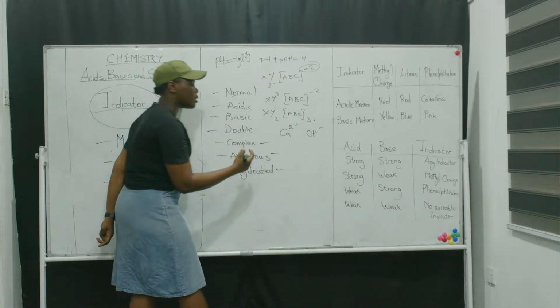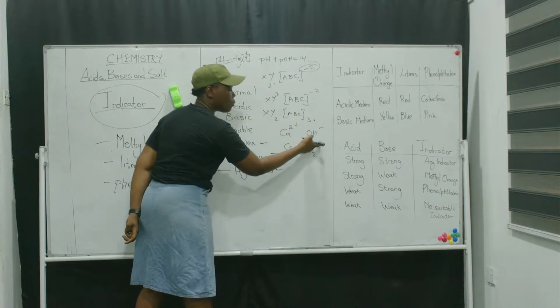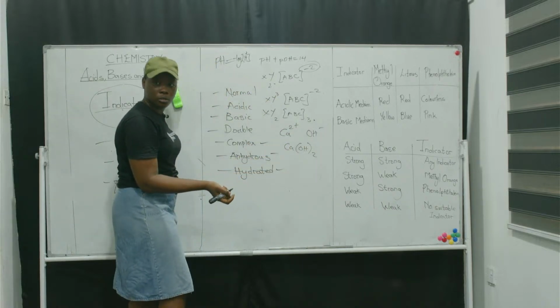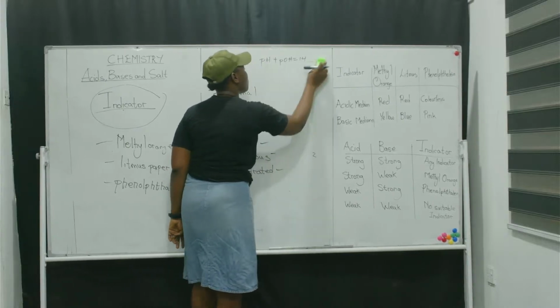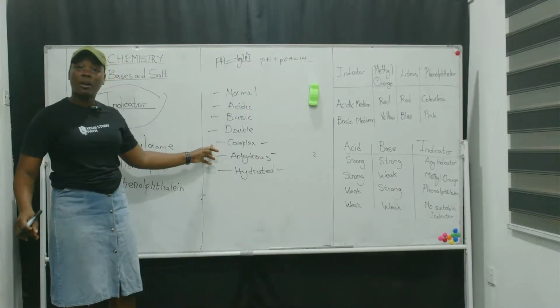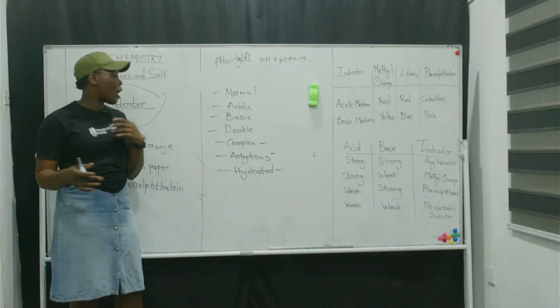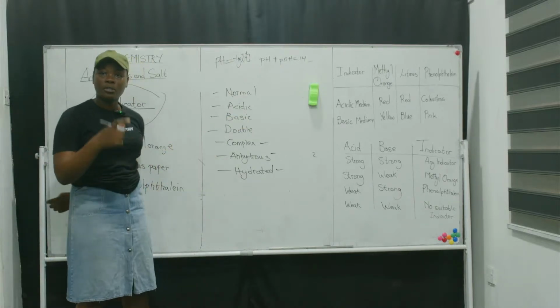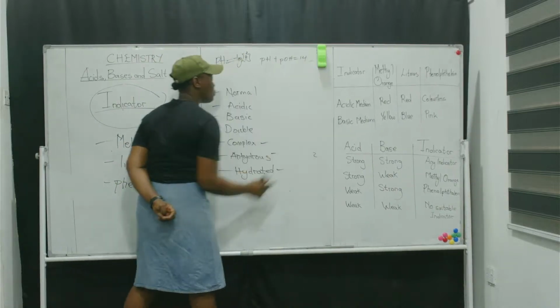If you want to react it, it will be Ca(OH)2. This charge will come to the anion, this charge will come here. You understand? So complex salts will have complex ions. Double salts have long chains. That means you're seeing 4 or 5 names there. That means it's a long name, right? They are usually made of multiple atoms.